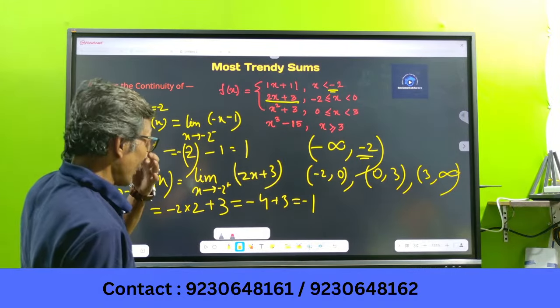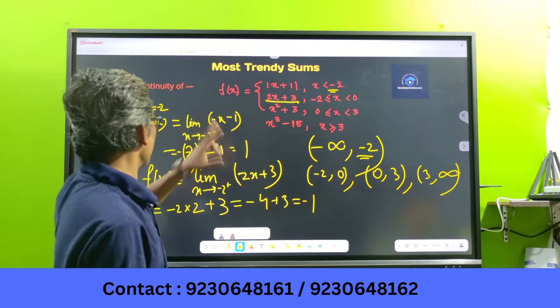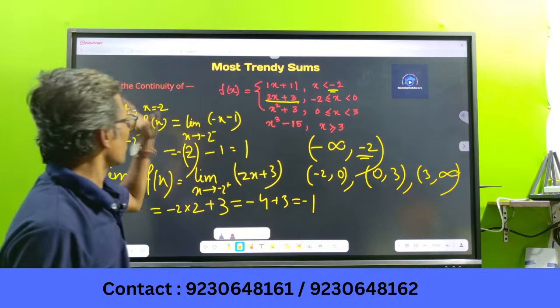And I have to find out the value of the function at the point x is equal to -2.